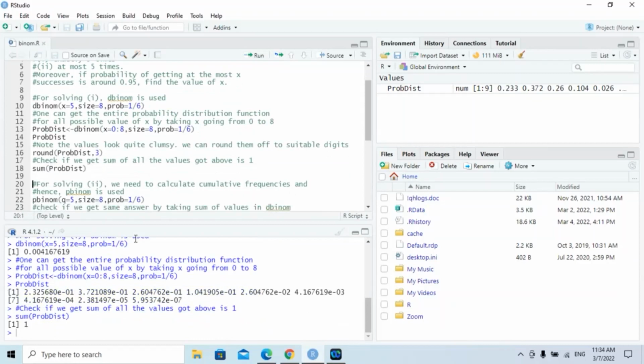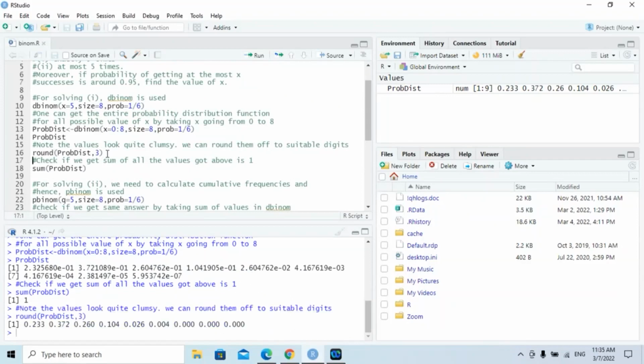Basically, these values look quite clumsy, and it's difficult for us to guess those numbers. So we can round off these values up to say 3 decimals or 2 decimals or 4 decimals as per our choice. Here I'm using the command round of this probability distribution, and this 3 denotes the number of decimals which I want.